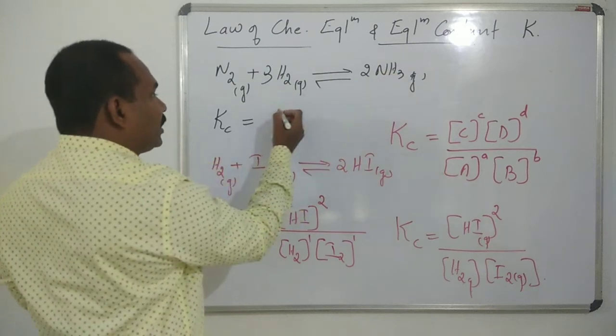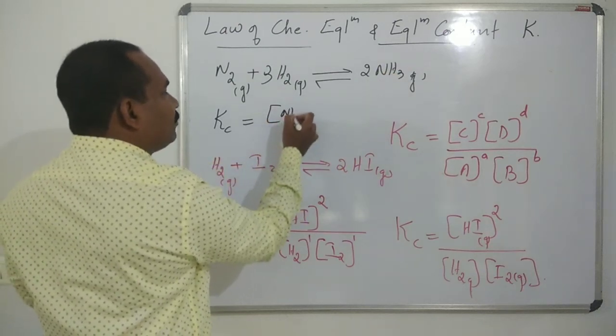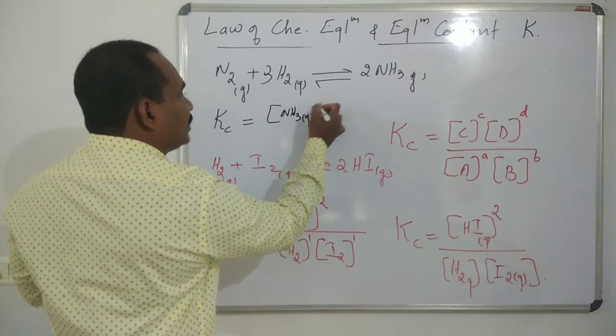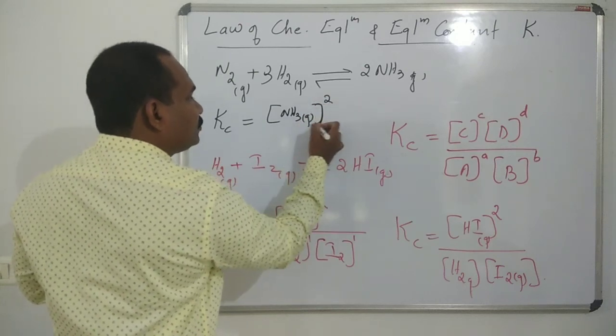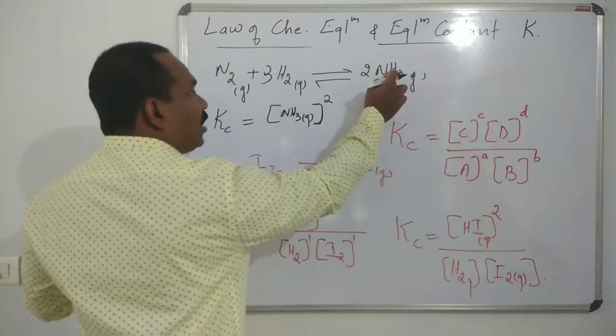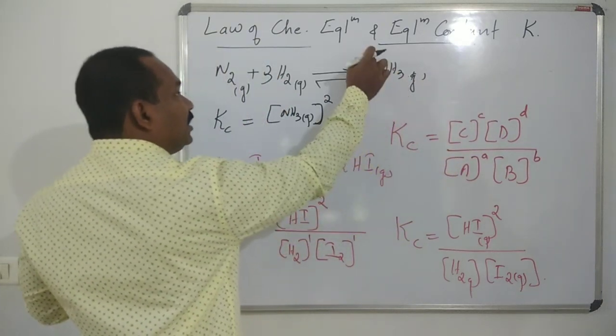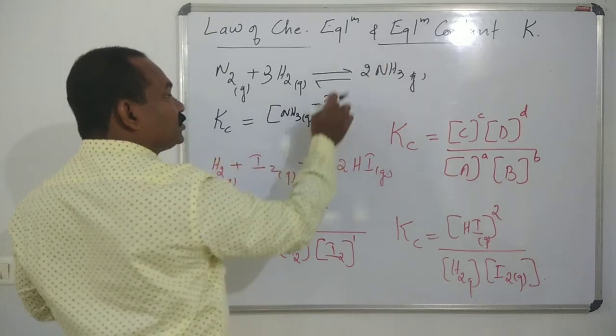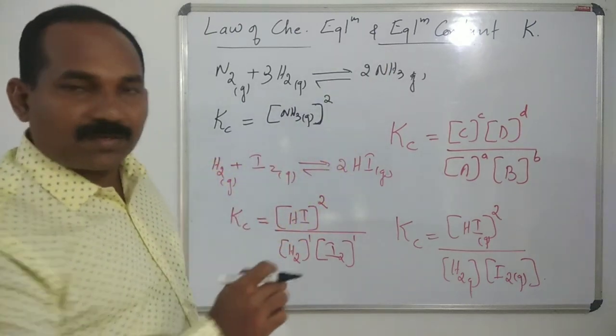The product is ammonia gas, so concentration of NH3 gas raised to 2, because the coefficient of NH3 is 2, so 2 becomes the power.